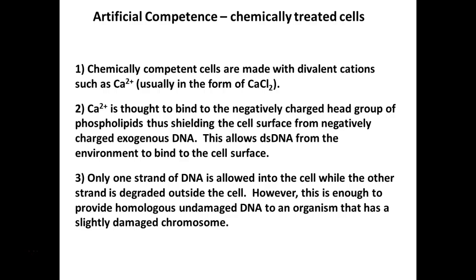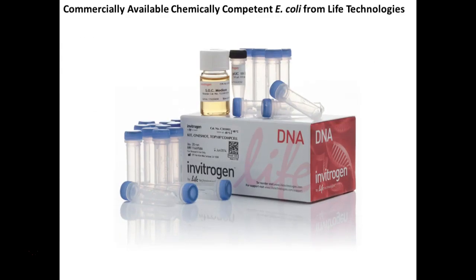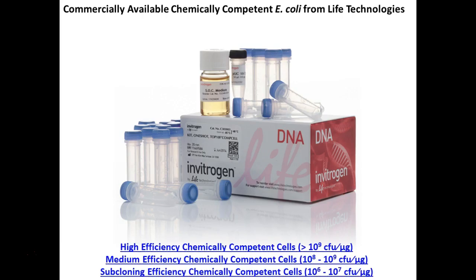For this experiment, we're also utilizing a plasmid, right? So a circular piece of DNA. And in this case, the whole thing will go in. So there's commercially available chemically competent E. coli kits that a lot of laboratories, especially the one that I worked in, utilize. They have different efficiency rates, right?